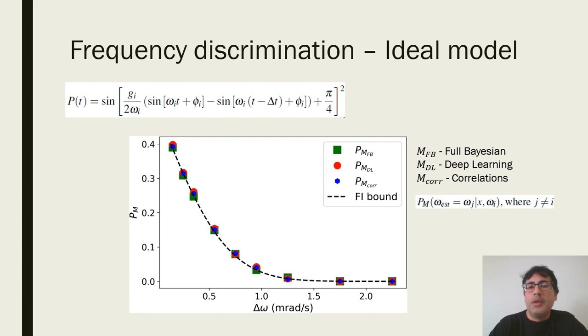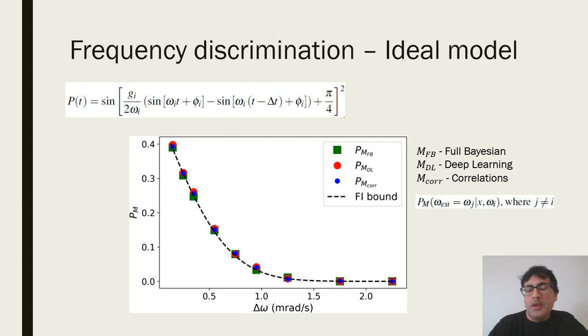We consider three methods. The first, in green squares, is the full Bayesian method, where we do the maximum likelihood ratio test with respect to the random phase.